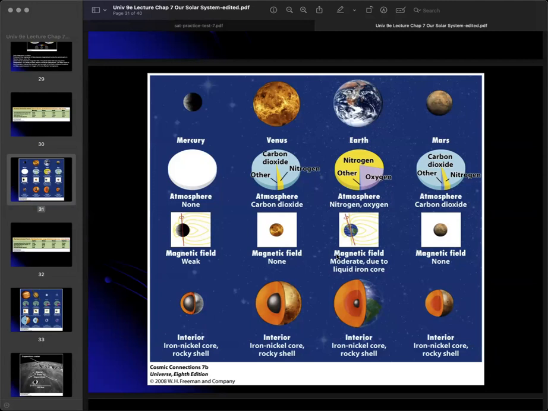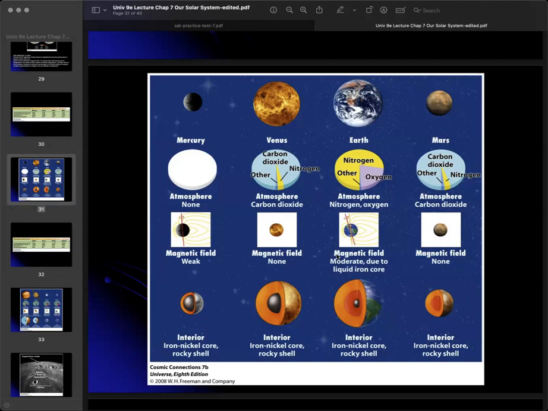Both of them, their atmosphere is mostly carbon dioxide with some nitrogen. In the case of Earth, because of the evolution of life and plants, which converted the carbon dioxide into oxygen, we have very little carbon dioxide and we have much more oxygen.